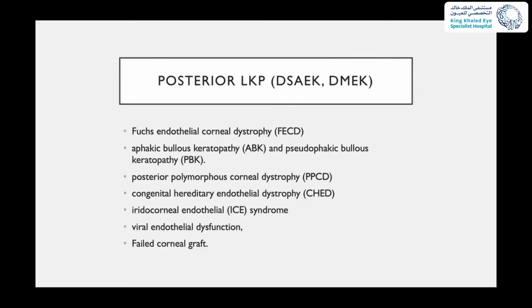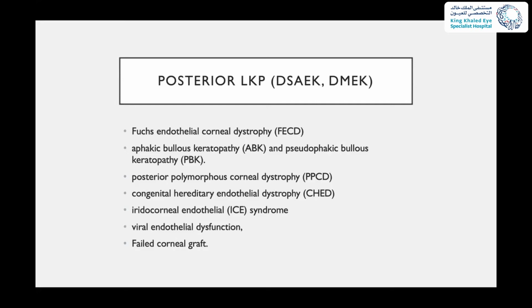Posterior lamellar keratoplasties, the most famous posterior lamellar keratoplasties are DSAEK and DMEK. It is used to replace the endothelium and treat the conditions in which only the endothelium is diseased and where the rest of the cornea is not affected, like in cases of Fuchs endothelial corneal dystrophy, aphakic and pseudophakic bullous keratopathy, and posterior polymorphous corneal dystrophy and other dystrophies of the endothelium.